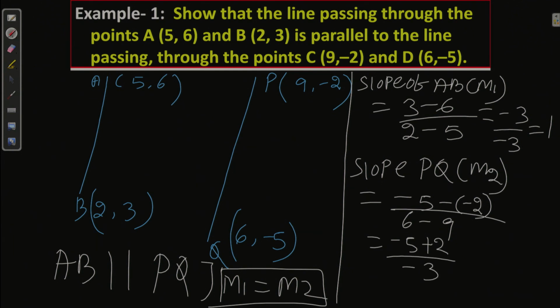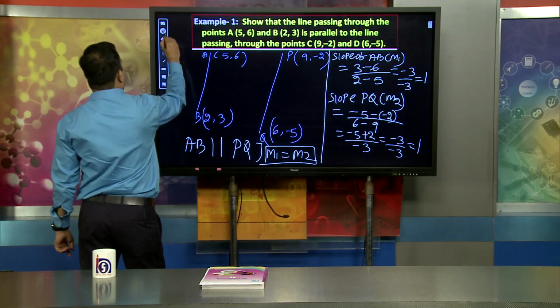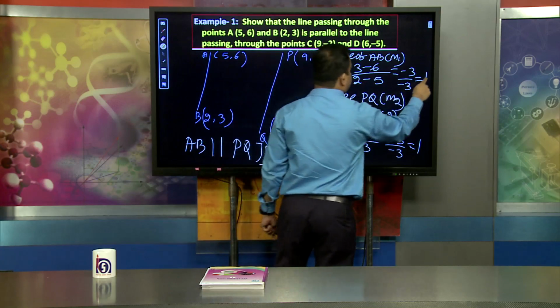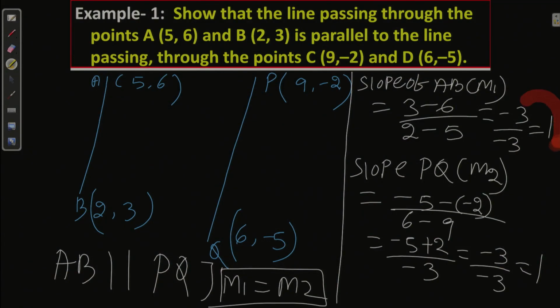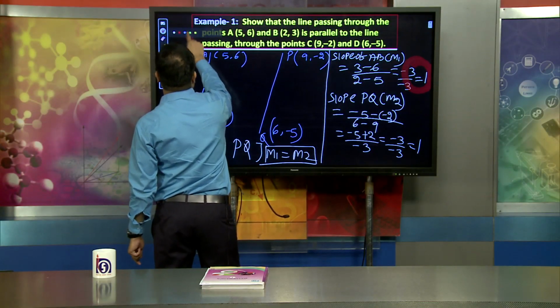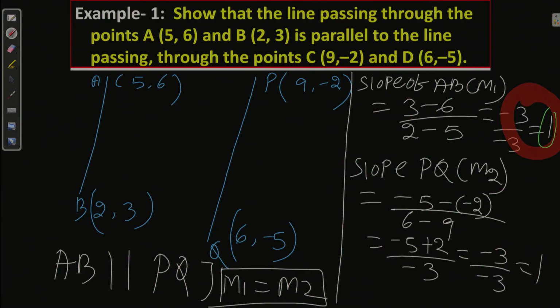Again you will find (2 minus 5) minus 3 by minus 3, again you will find 1. What we observe here, the important thing, is the slope of AB, which equals 1. Suppose 1 is the slope of M1, and M2 is also the slope 1.